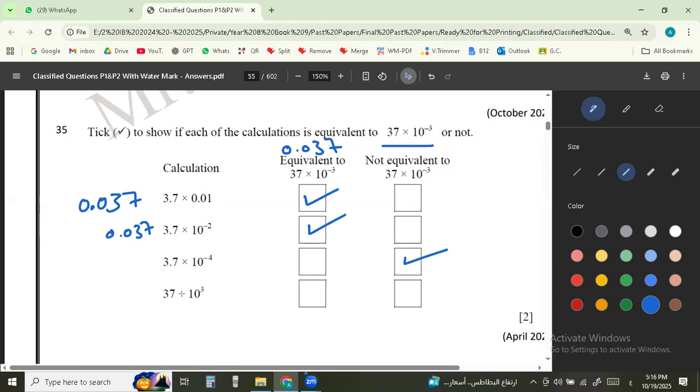All right, here, this one, dividing by 10 to the power of 3, I'm going to move the decimal point 3 digits to the left. So it's going to be exactly 0.037. It is equivalent, Mister. Moving the point 3 digits to the left is 0.037.